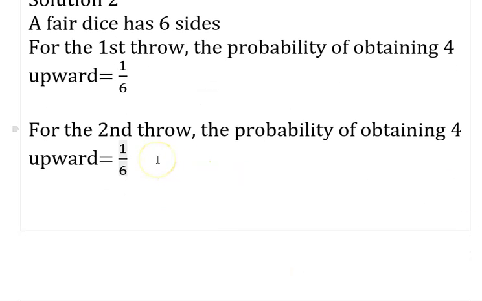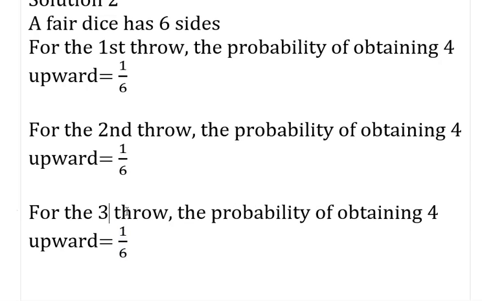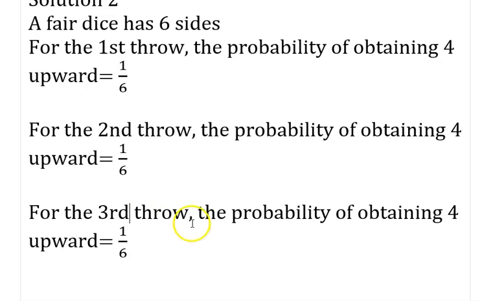And likewise, for the third throw, we will still have the same thing. The probability of obtaining 4 upward will still be 1 over 6, because 4 appears only once, or 5. So if you did not get 4, you will get 5. If you did not get 5, you will get 6.